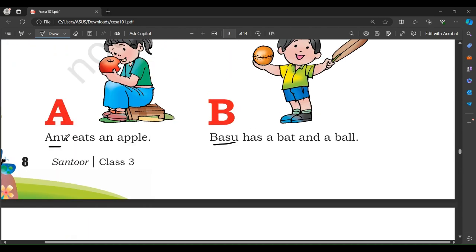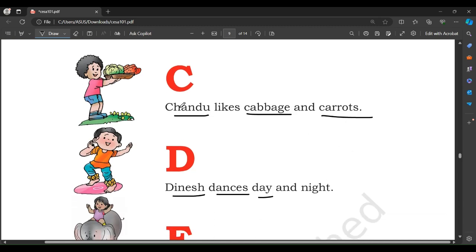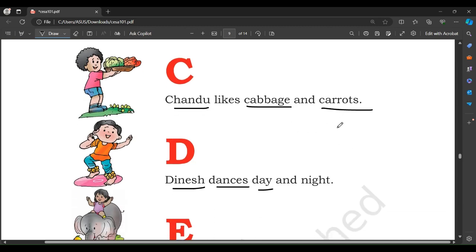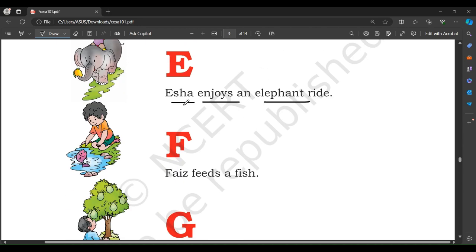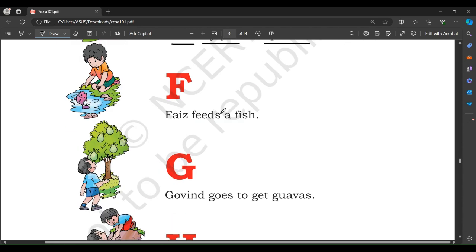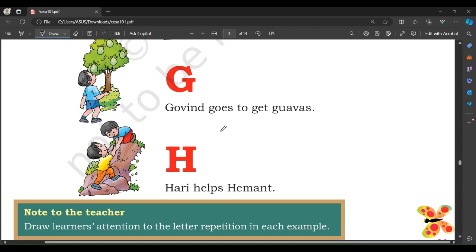Okay. Anu, A, apple. B, Basu, bat and ball. Chandu, cabbage, carrot. D, D sound. Dinesh dances day. Isha enjoys elephant. F, Fiza feeds fish.